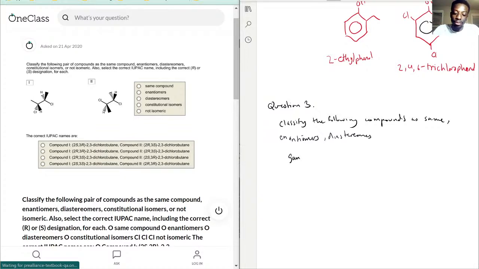So same, let's say we had a simple combo like this, where it was R, R, this one would be R, R, okay? Or even S, S. Because realistically speaking, it's just like looking at a different side. But if you wanted it to be the same, I prefer if it was literally the same thing.